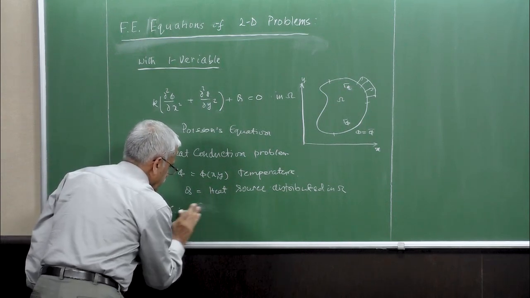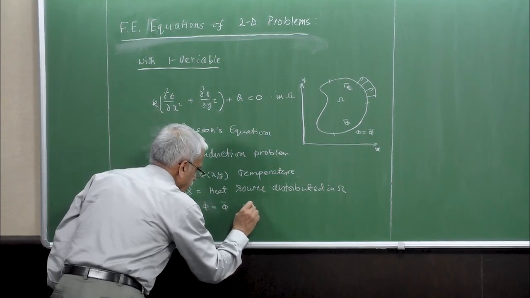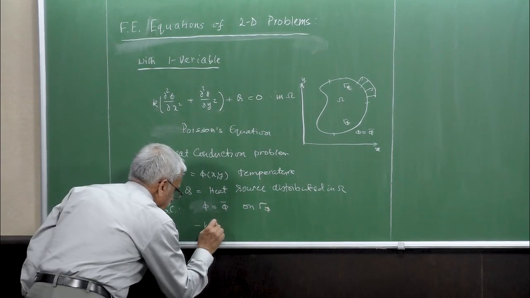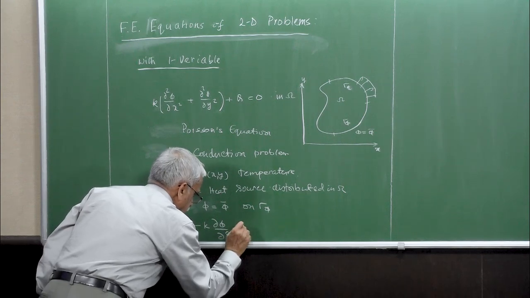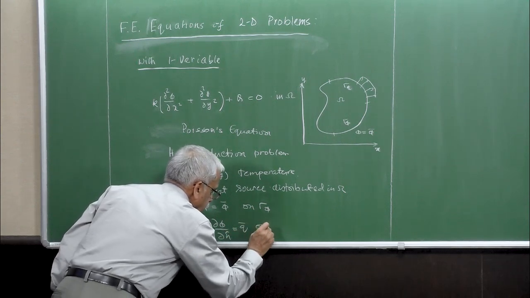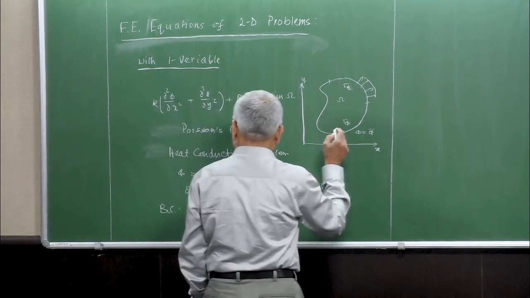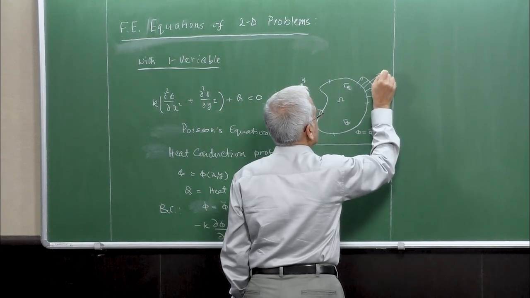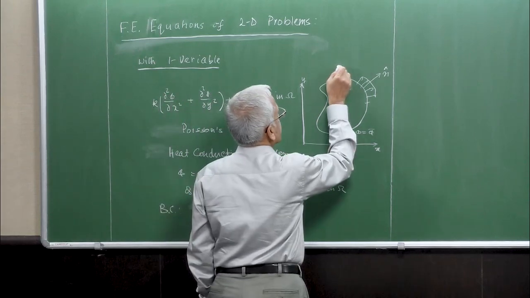Phi is equal to phi bar on gamma phi. Okay, so here this is the heat flux leaving, and that's what's given here.